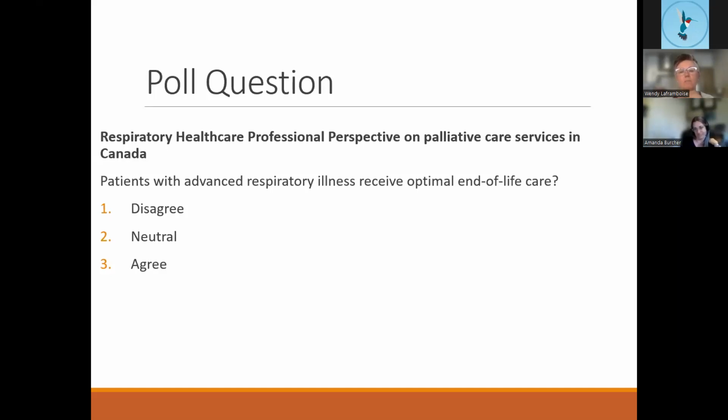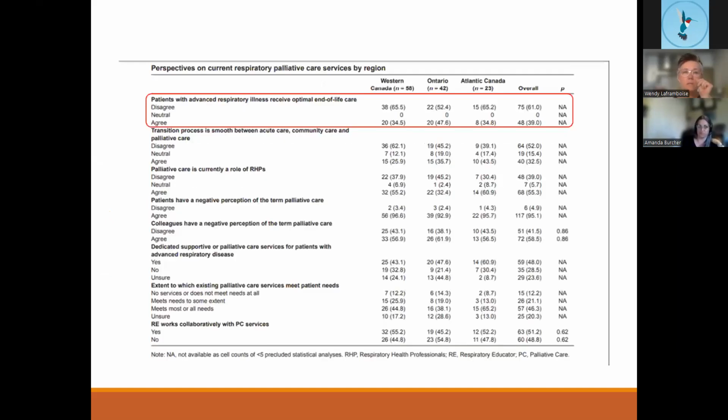Yeah, it's actually pretty consistent with the actual results. Of these respiratory healthcare professionals, interestingly, 75% disagree that patients with advanced respiratory illness receive optimal end-of-life care. So I'll just go to the next question.